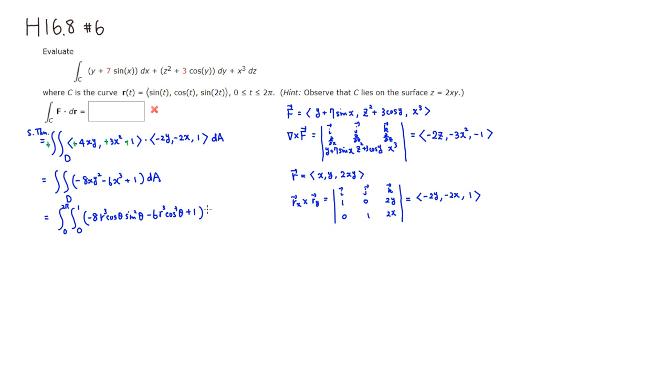Then the polar coordinate area element would be r dr d theta. I'm going to actually distribute this r so that you can see that this is going to be r to the 4th power.